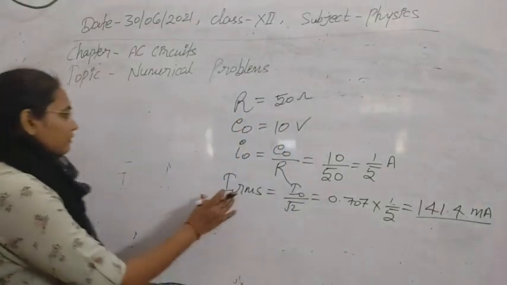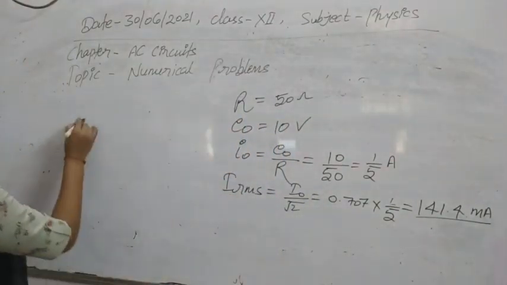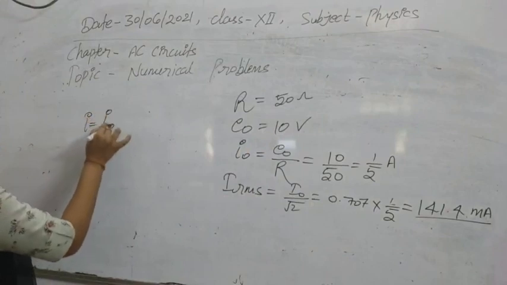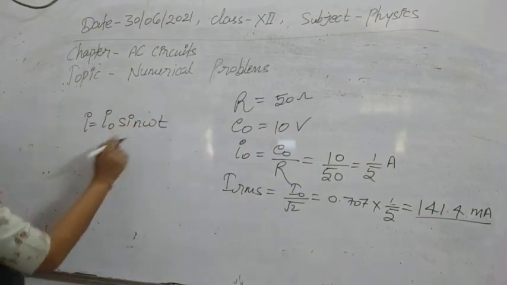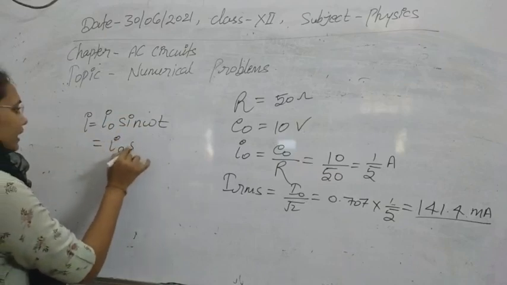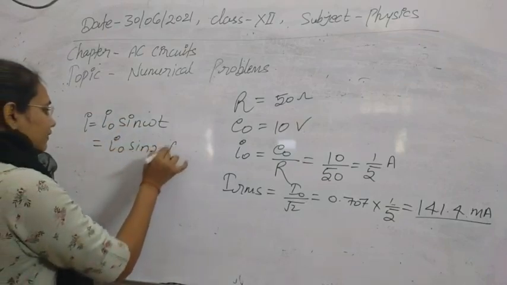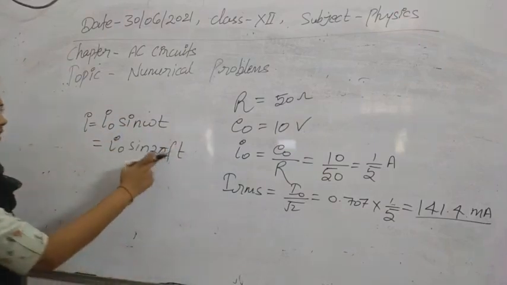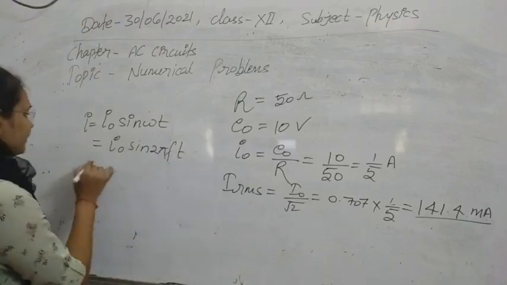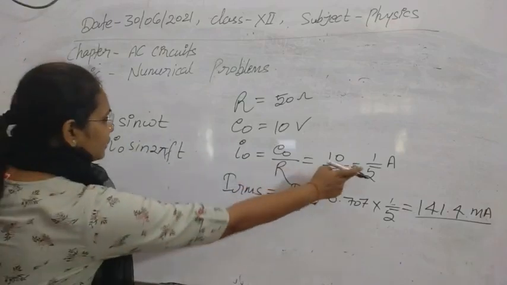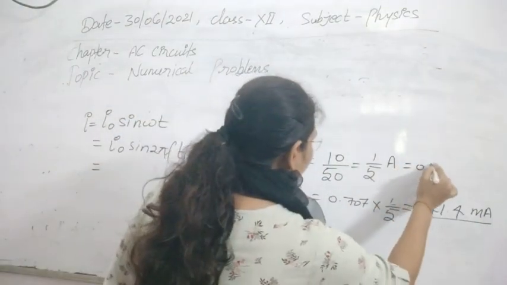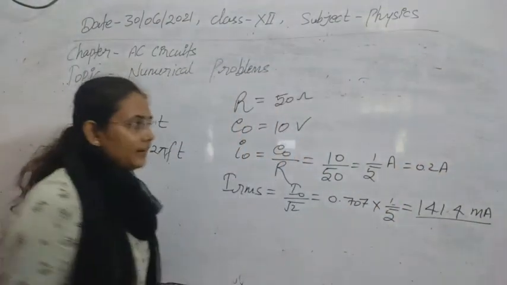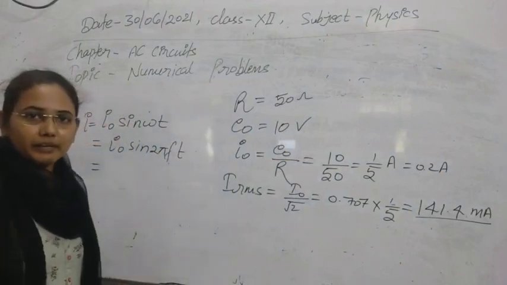As we know, the formula for the instantaneous current is I equals I0 sin omega t. Here in the place of omega we can write 2 pi f into t, which relates the frequency with the angular frequency. I0, its value we have just seen, is equal to 0.2 ampere, or you can write in milliampere, that will be 200 milliampere.